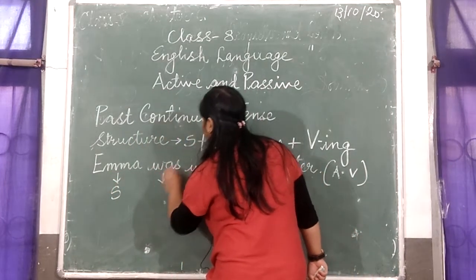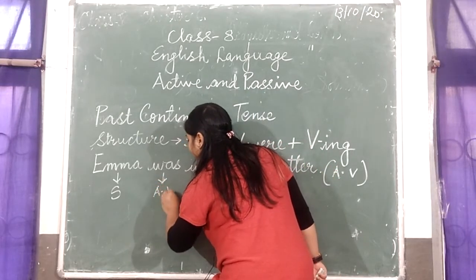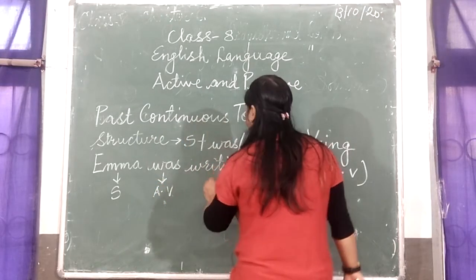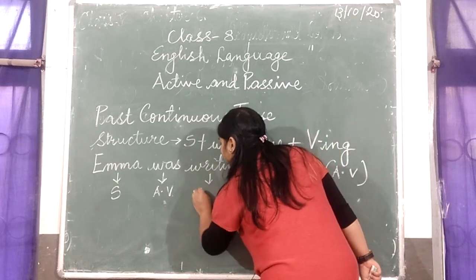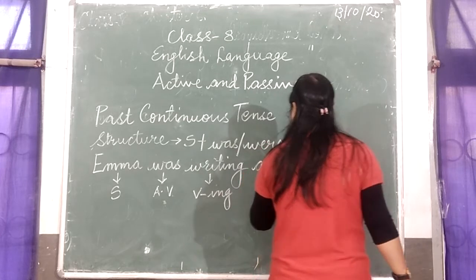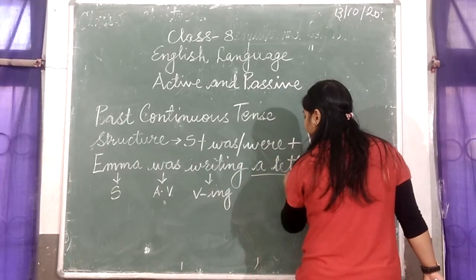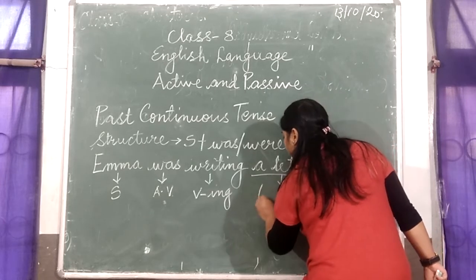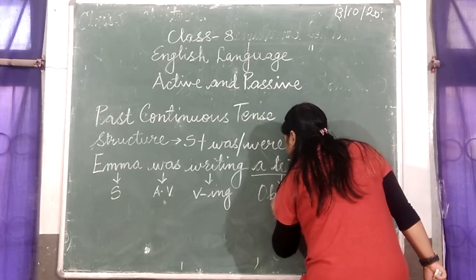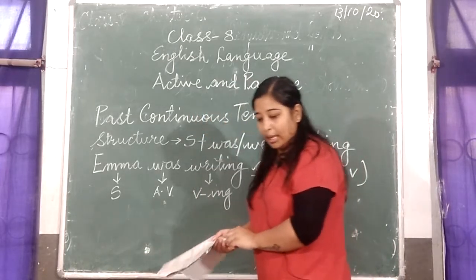The auxiliary verb was is here. The main verb, writing, the ing form of the verb, is there. And a letter is the object.